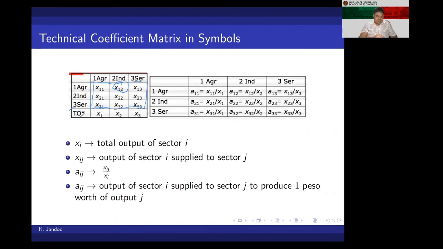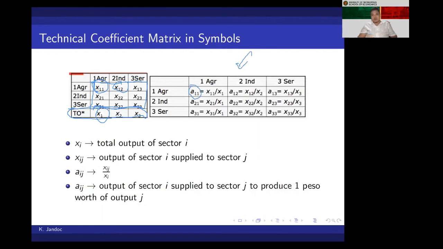Now, this last row over here is total output. Okay, so X1 is the total output in agriculture. X2 is the total output in industry, and X3 is the total output in services. Now let's do this. If we divide X11 by the total output, we will have the value or entry A11 in this table.